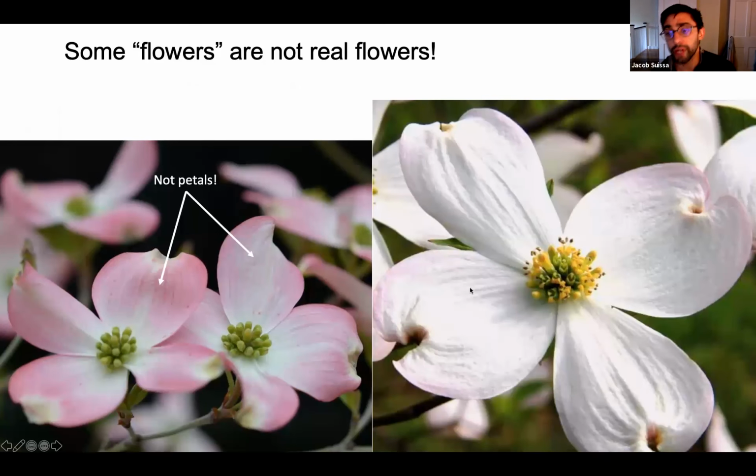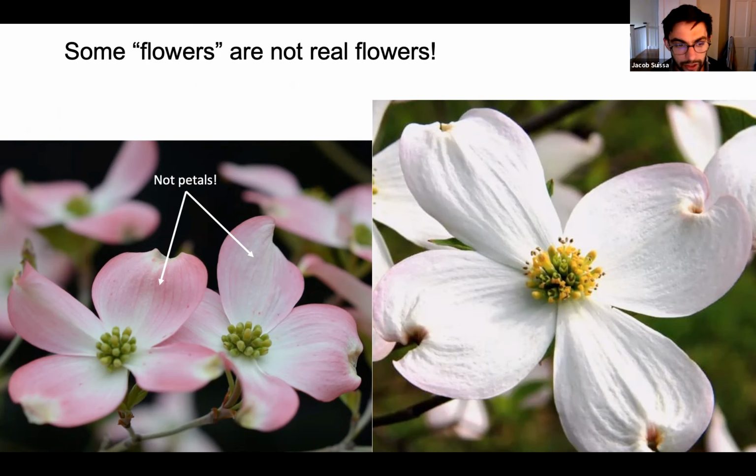Okay, so frequently, actually, not sometimes, but frequently, we can get tricked by what we call, quote unquote, flowers. Hopefully, in the beginning of this whole class, you might walk up to this plant and say, oh, look at this beautiful flower.